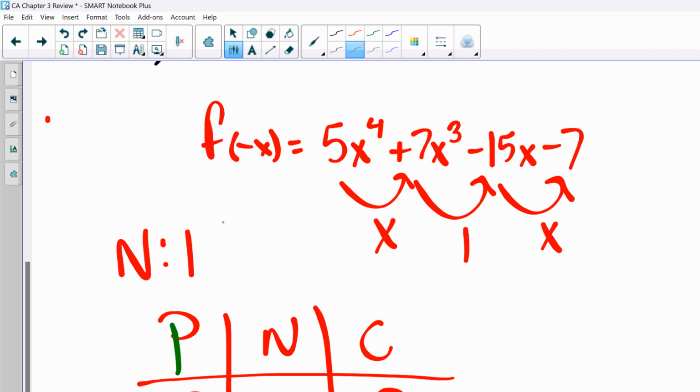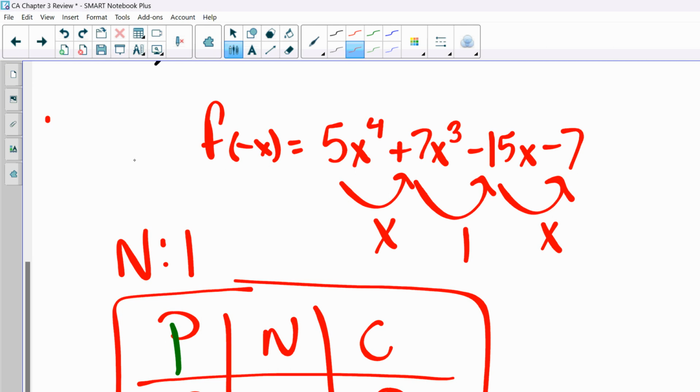No. So since I can't do it with the negatives, we do it with the positives. If we have one positive, one negative, that means we have two complex. Then I would keep subtracting with the negatives till I can't anymore, reset it, do it once with the positives. But since we can't subtract any more in either case, we're either going to have three positives and one negative, or one positive, one negative, and two complex.